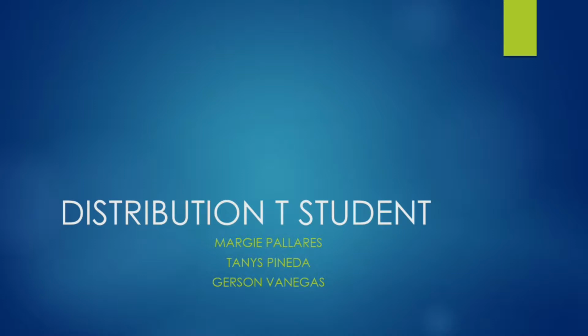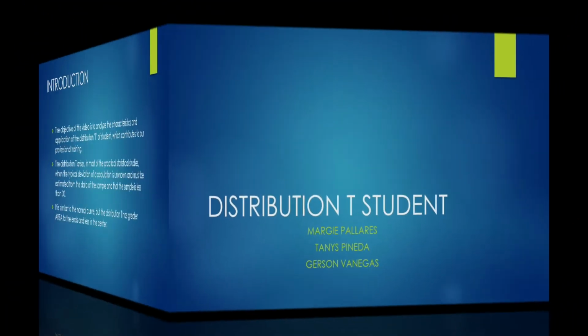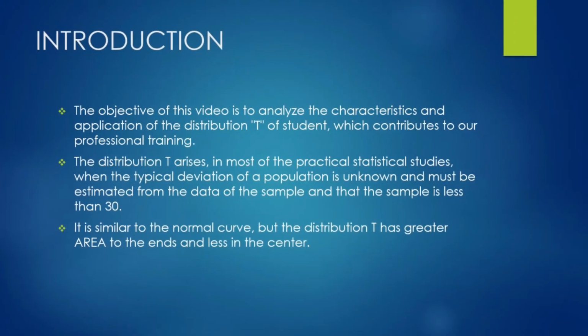I'm going to talk about the Student's t distribution. The objective of this video is to analyze the characteristics and application of the Student's t distribution, which contribute to our professional training.